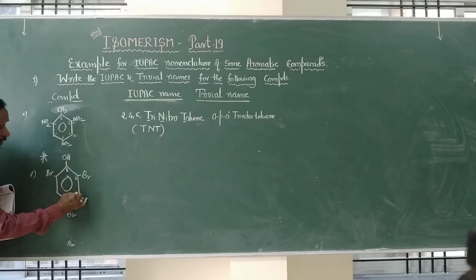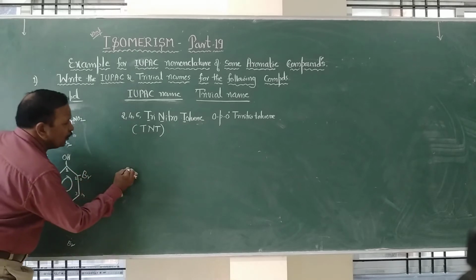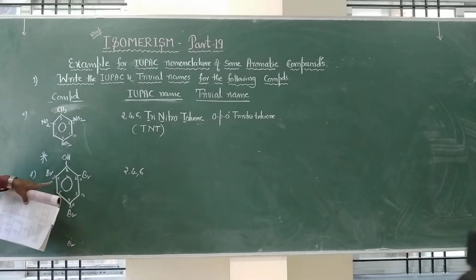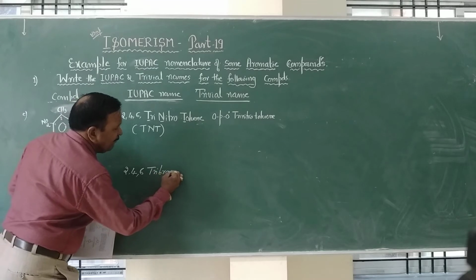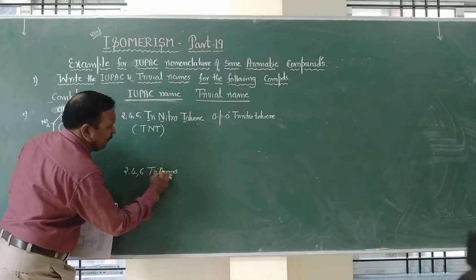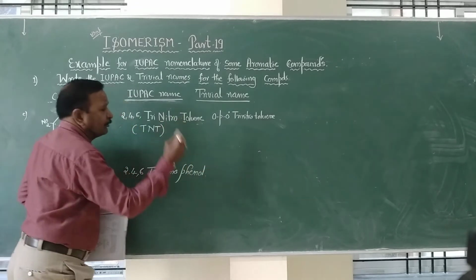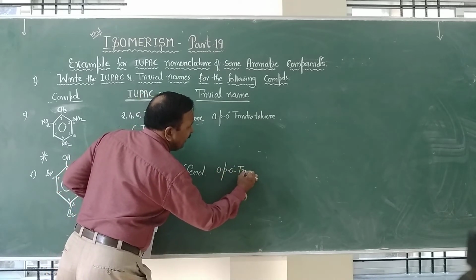Then this is 2, 3, 4, 5, 6. This is ortho, this is meta, this is para, and this is ortho dash. So if we want to name, this will be 2, 4, 6, bromines are there, tribromo. Hydroxybenzene is called phenol. So this will be ortho, para, ortho dash, tribromophenol.